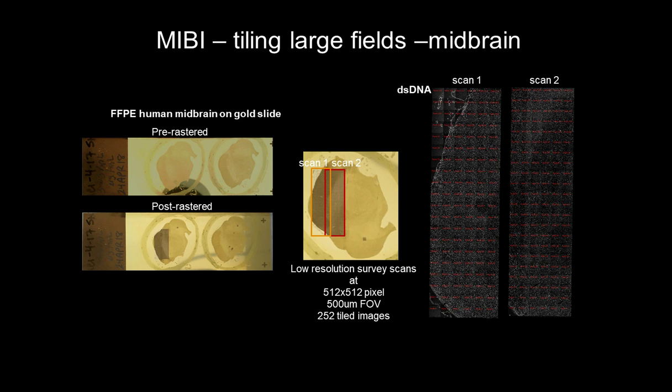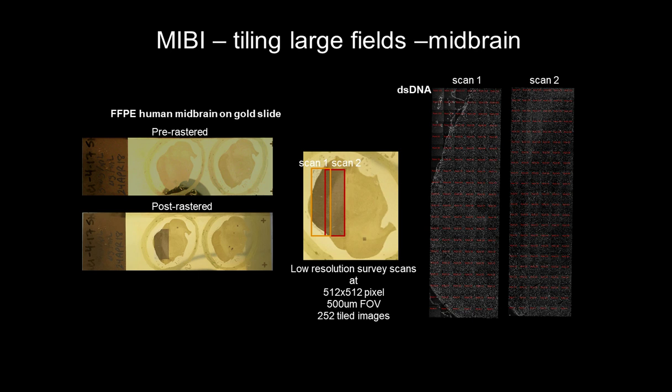And these here, as it says, are an array of 252 tiles, and we're imaging each one of these tiles in about 4 minutes. So it takes a little while, but not too long.